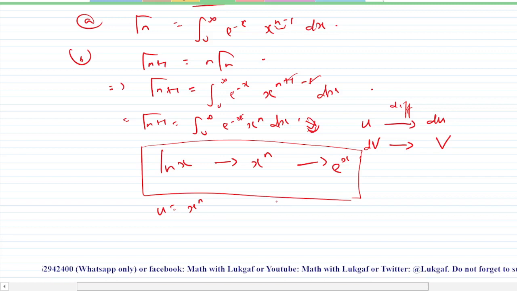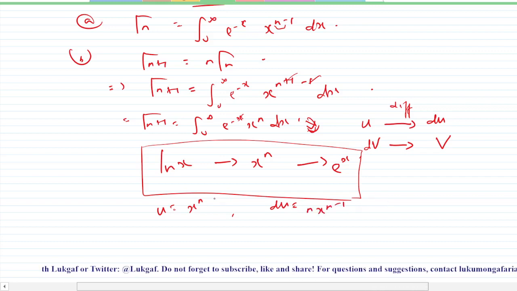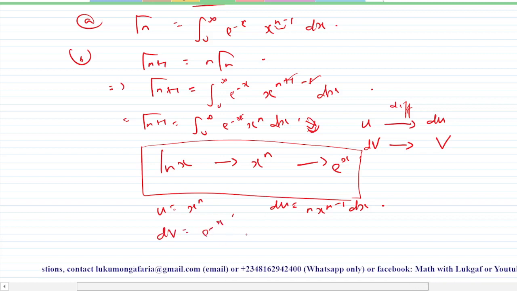Recall, you differentiate it to get du, and the derivative here will be n x raised to the power n minus 1 dx. That is, you differentiate this, the exponent multiplied by it gives you the new exponent minus 1. Likewise, your dv automatically is going to be e raised to the power minus x, then your v is going to be minus e raised to the power minus x.